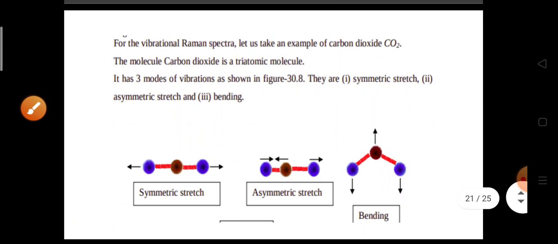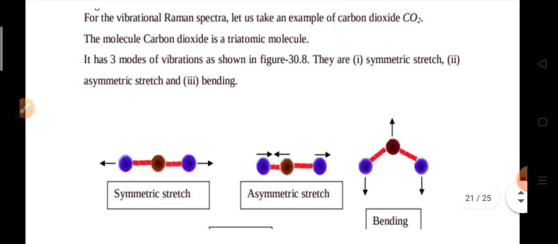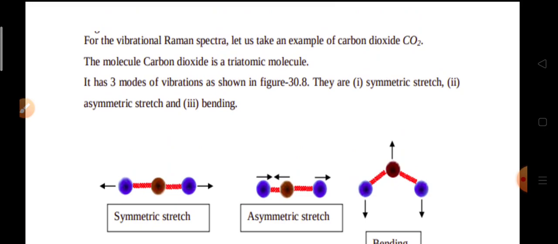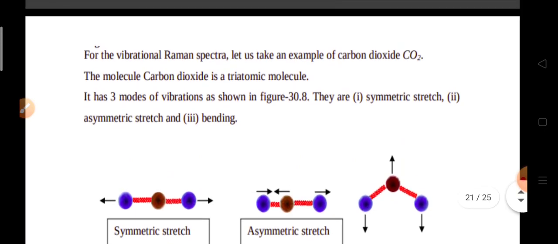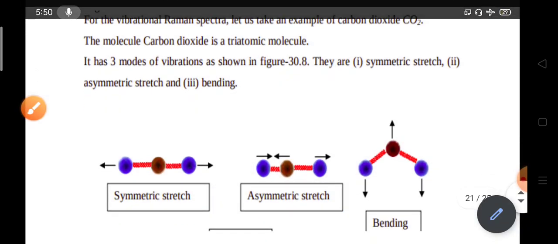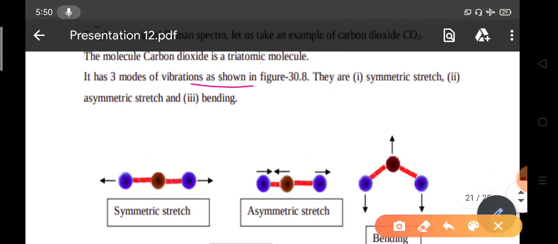Now we understand with an example how to tell whether it is the IR line or vibrational line, or a Raman active line. So let us take an example of carbon dioxide, CO2. The carbon dioxide molecule is a triatomic molecule and it has three modes of vibration.